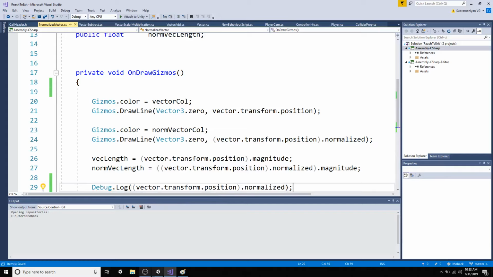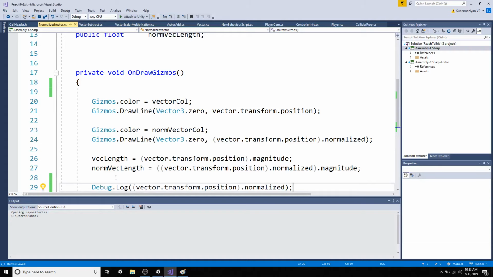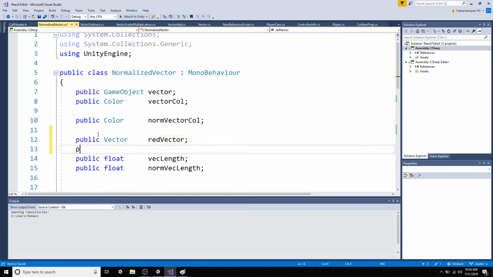Okay, let me write one public variable, say vector. This is the actual vector, that is our red vector, and public Vector3 green vector.